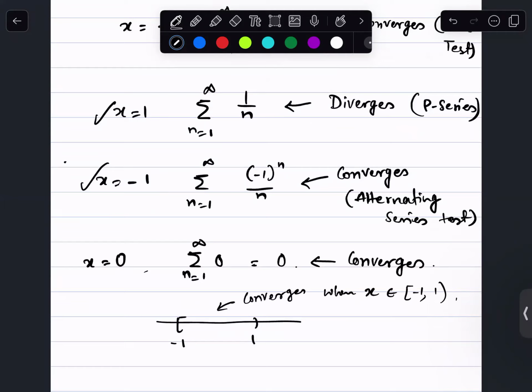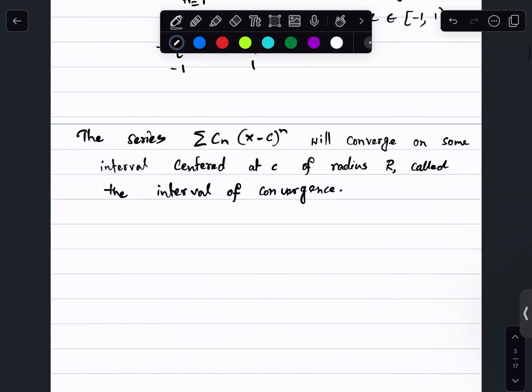So if I move to the next thing, the series summation Cn (x minus c) to the n will again converge for some interval centered at c of radius r. This is called the interval of convergence.